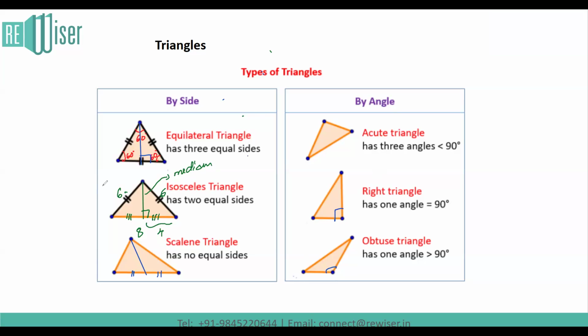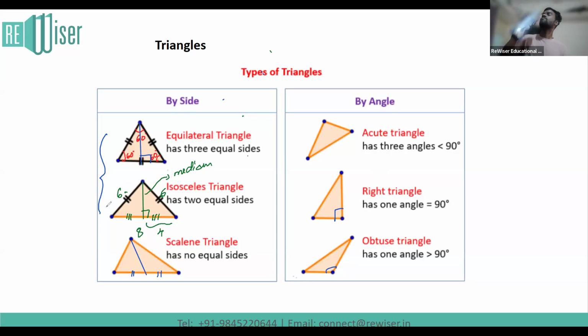The key pointer is, if you want, you can make a note on this for the equilateral and isosceles triangle about the median. You have made a note. Okay, great.